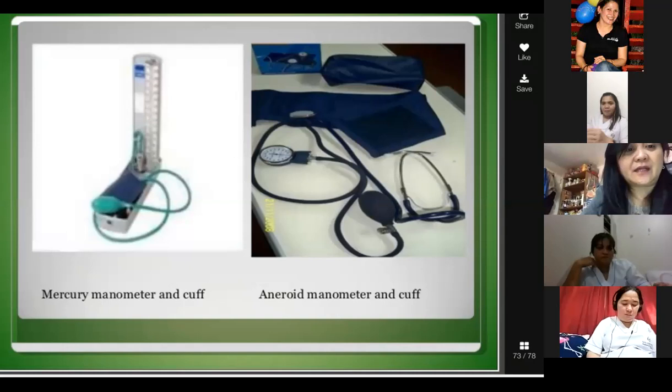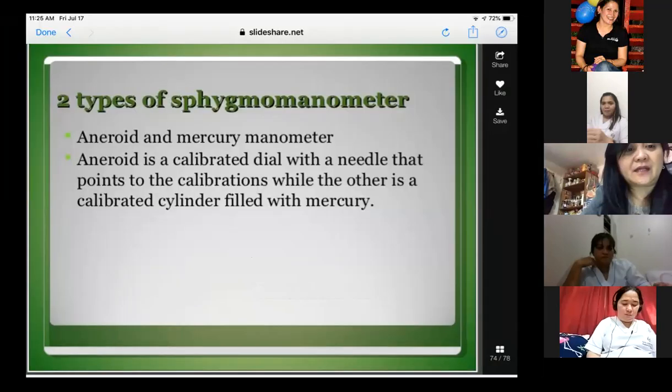The pictures that I showed you are the two types of sphygmomanometer. The first one is the mercury manometer, and the other one is the aneroid. One is calibrated with a needle that points to the calibration, while the other is a calibrated cylinder.